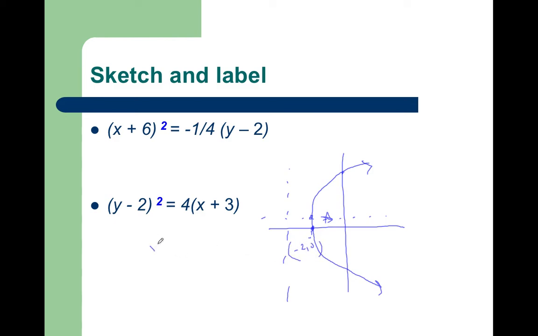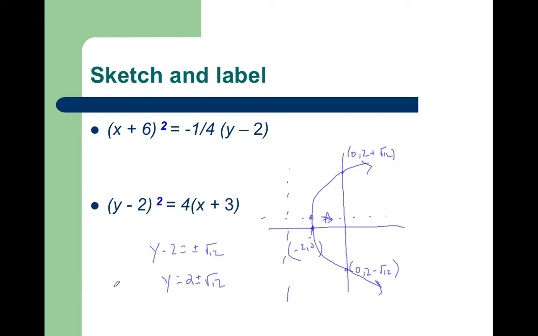We had y minus 2 is equal to plus or minus the square root of 12. So y was equal to 2 plus or minus the square root of 12. So when x is 0, y is 2 plus the square root of 12, or 2 minus the square root of 12. Okay?